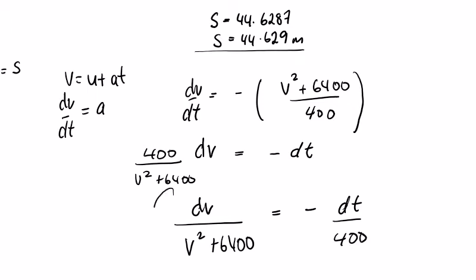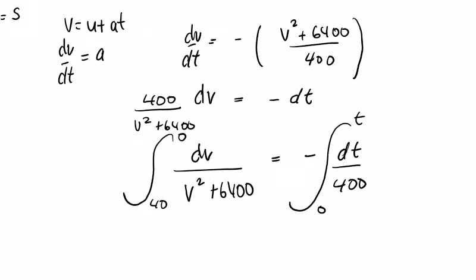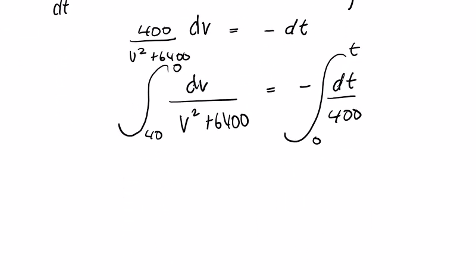So we're going to integrate these, and it started at 40 and it's going to come to rest, and we're looking for time, so between t and 0. We have actually got two squares on the bottom here, and this may be easier to integrate.